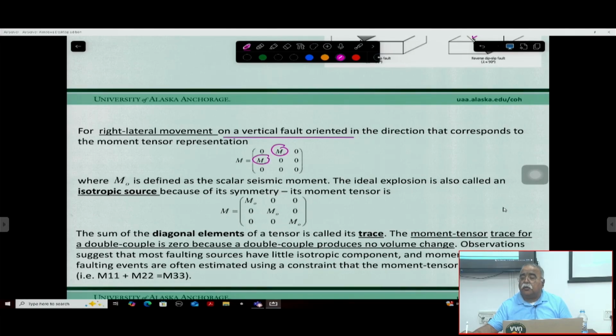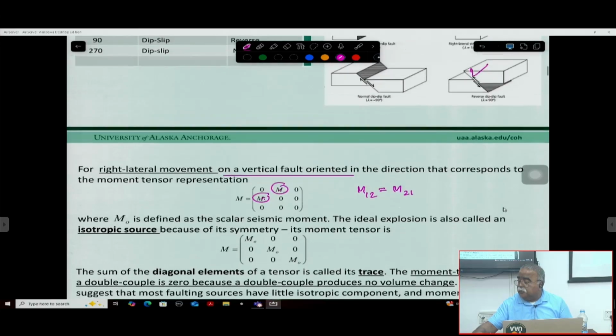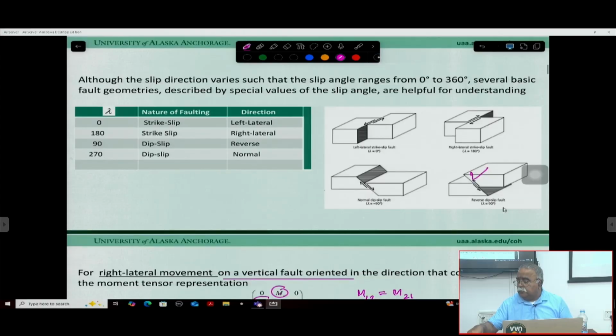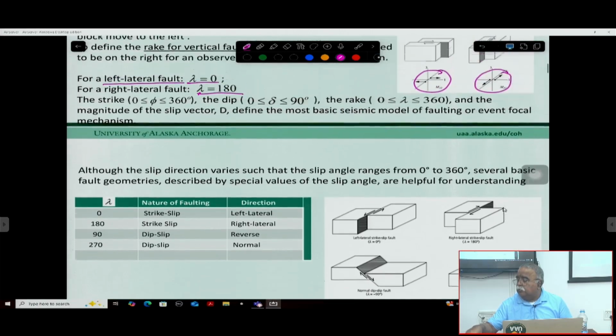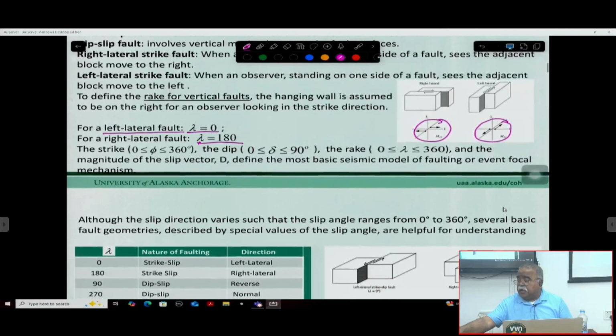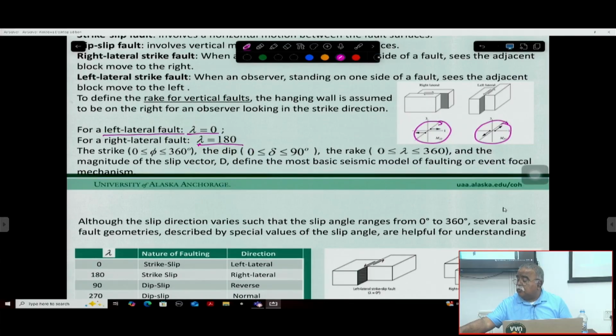Because these two values will always be symmetric, since M12 is the same as M21. So if it is M0, then this will be M0, because the motion is in this direction, right? So that is equal to M12.